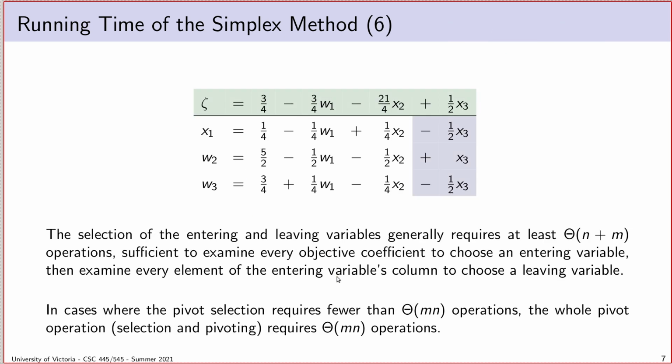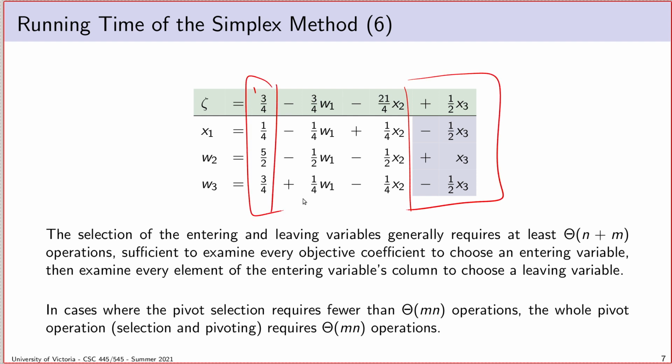So to choose the entering variable, well, I guess that depends on what pivot selection rule we're using. If we're using a relatively simple rule, Bland's rule or the largest coefficient rule, all we have to do is look at every element of this one row, which of course is n plus 1 things there. So that's linear. Once I've chosen the entering variable, again thinking about the largest coefficient rule, I find the leaving variable by examining everything in the same column as the entering variable, and I guess also this constant column.